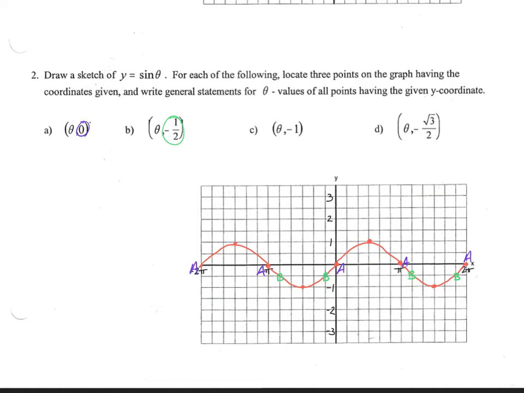So the question I always ask myself at the beginning, as I'm tackling problem A to write a general statement, is: do those A's, those values of 0, occur at regular intervals? And what I notice is every one of those A's are the same distance apart.